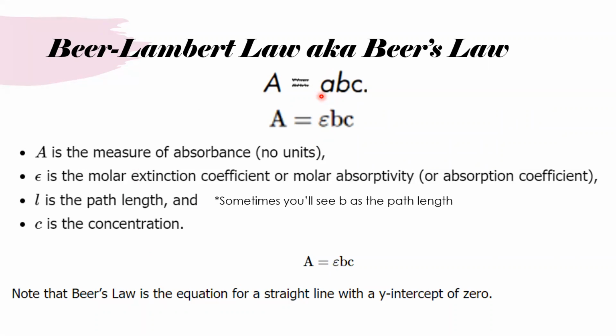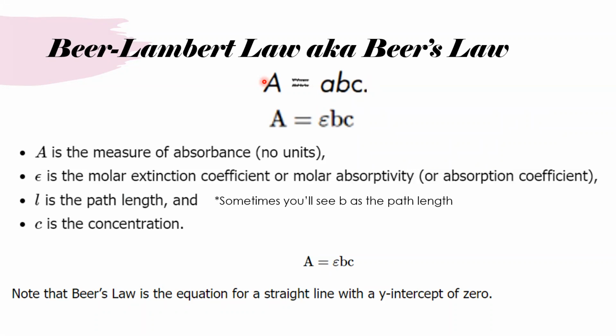An important thing about it is that it's an intrinsic property of a chemical species that is dependent on their unique chemical composition and structure. And since absorbance does not get any units, the units of the molar extinction coefficient must cancel out the units of length and concentration, which is seen as the letters B and C in Beer's law equation.